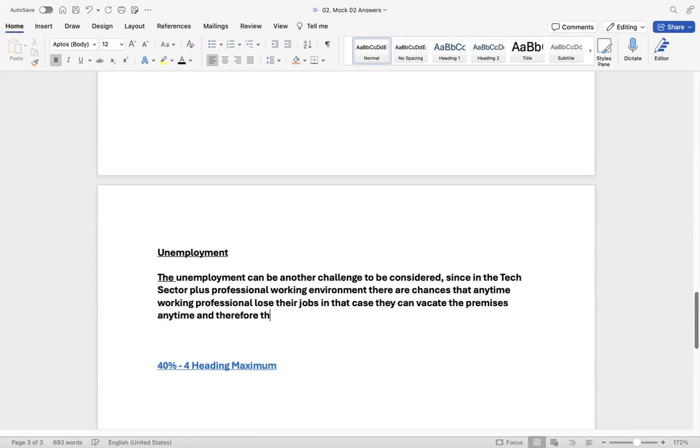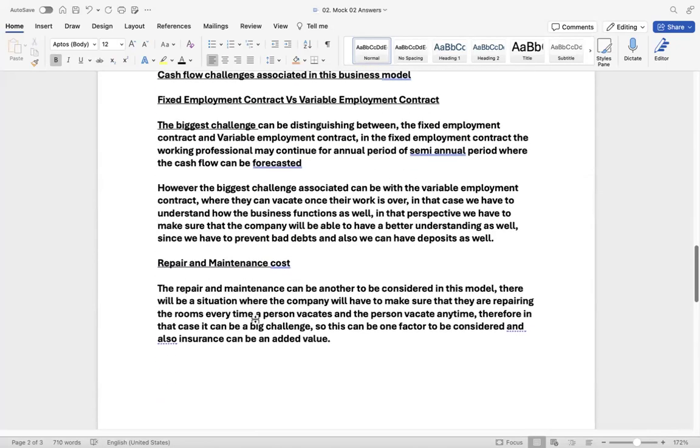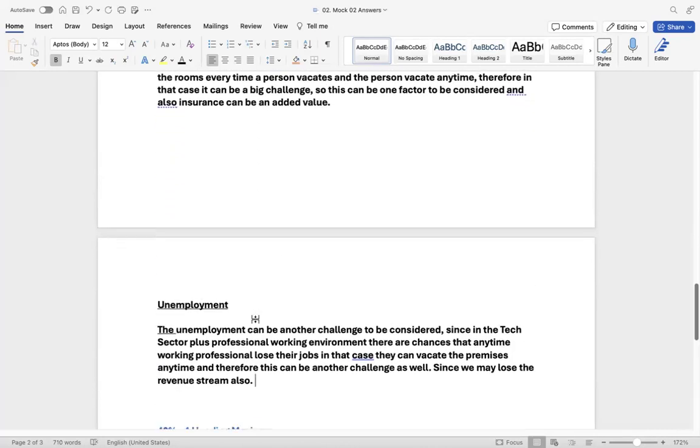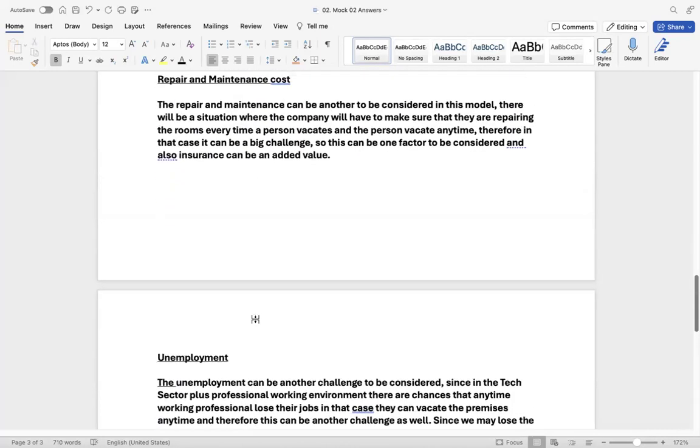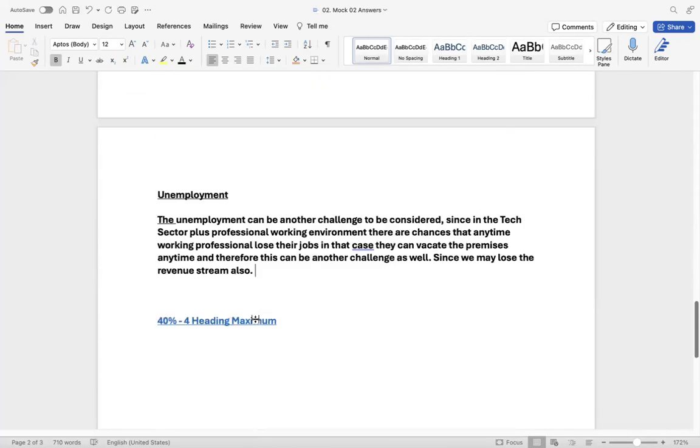And therefore, this can be another challenge as well, since we may lose the revenue stream also. Full stop. Can I get that perspective also, students? I believe this is the biggest challenge associated with the cash flow factors that has been mentioned also.